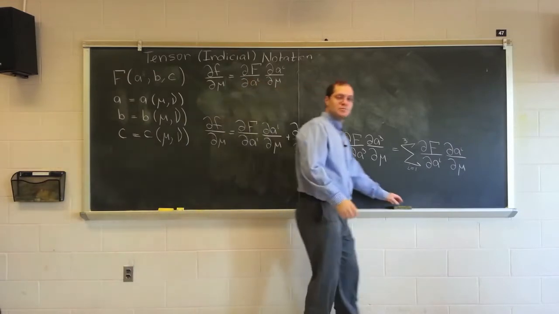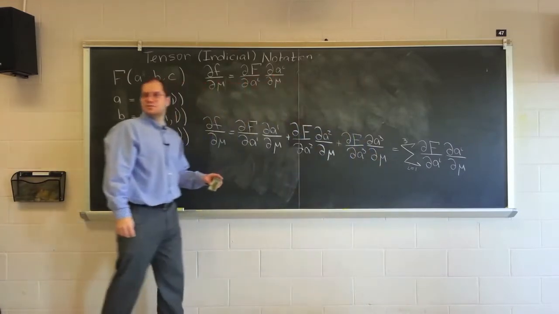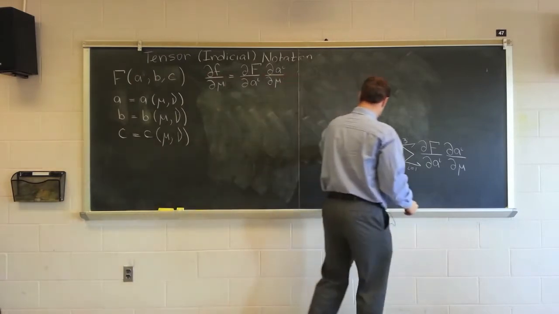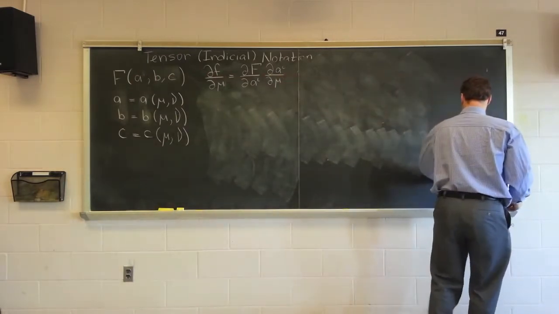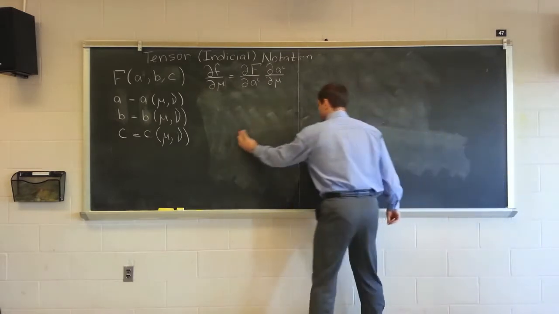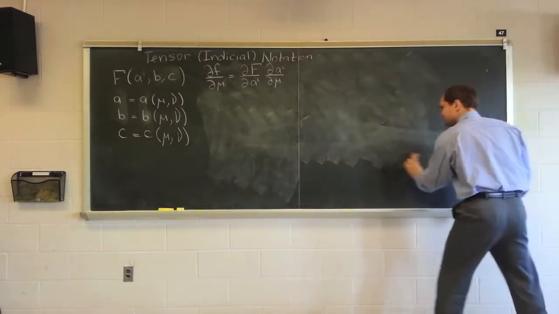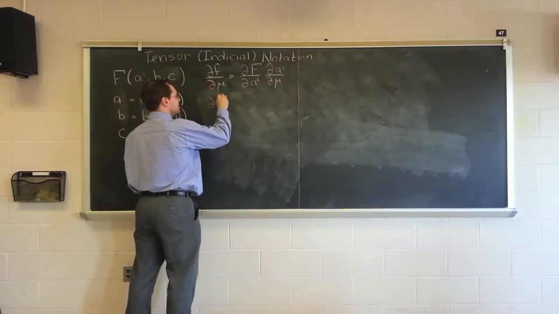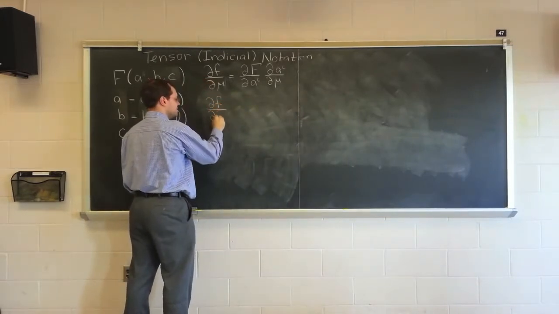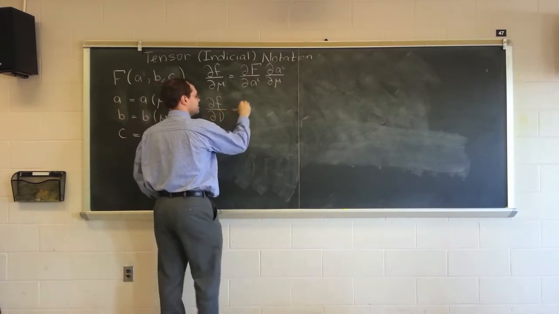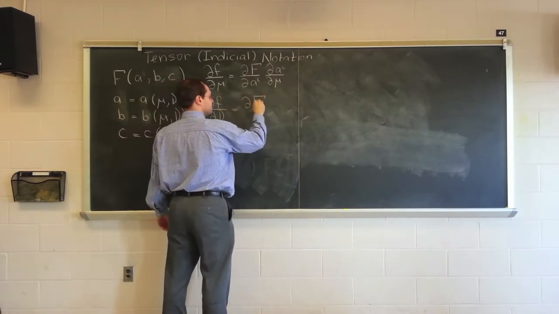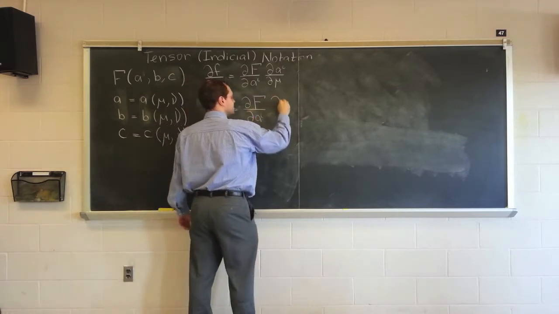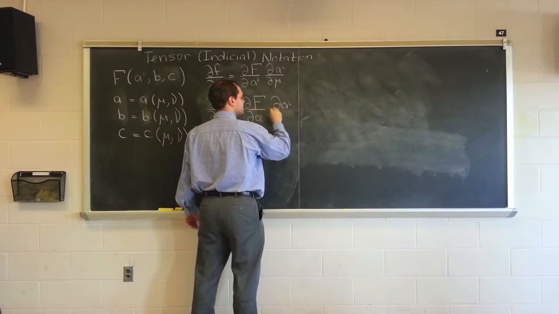And now I won't be too lazy to write what df/dmu is. df/dmu is df/da_i da_i/dmu.